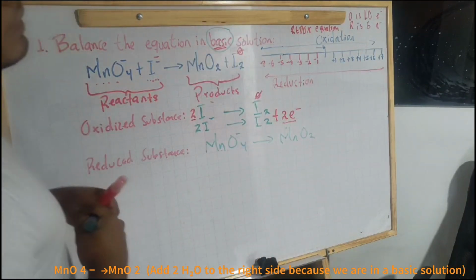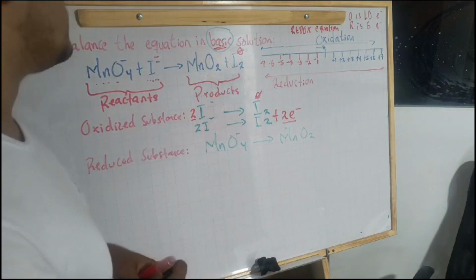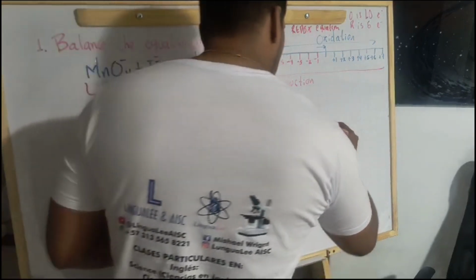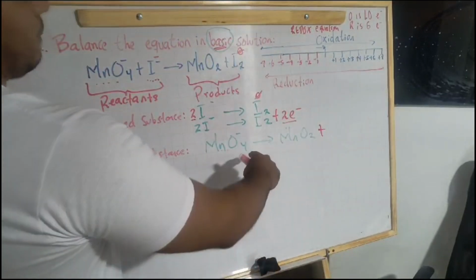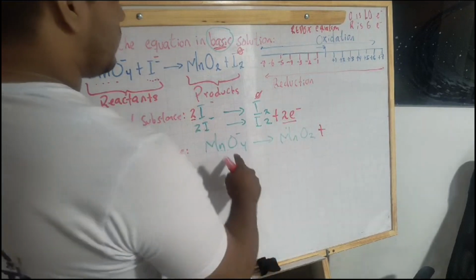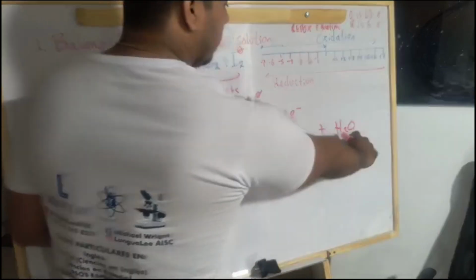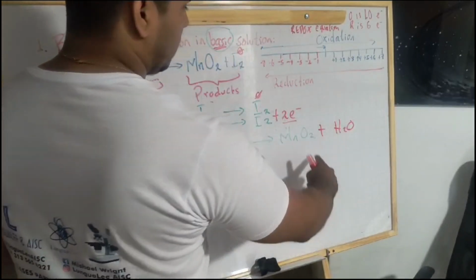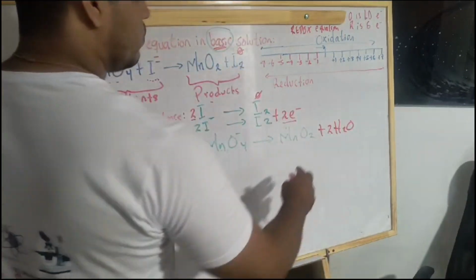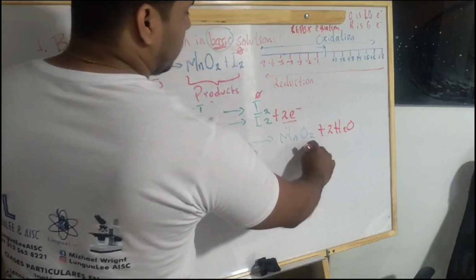Water is an excellent solvent, but at the same time it is the substance that will neutralize both. So what I will do is add the same number of oxygens that I have here, but in the form of water. I have 4 oxygens, so I have to write water molecules, and as I have 2 oxygens on one side and 4 oxygens in total, I will write 2 water molecules. So 1 times 2, 2 oxygens plus 2, 4 oxygens.